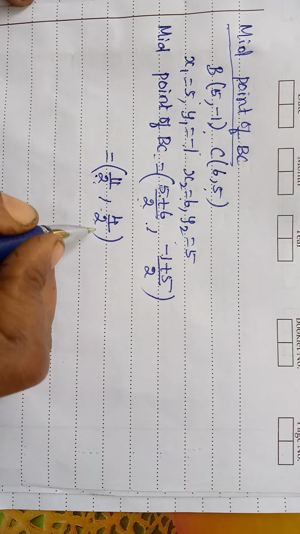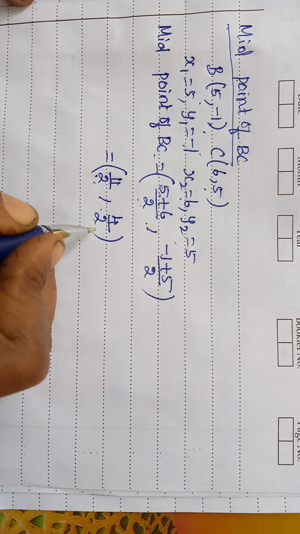Next, midpoint of DA, that is the S point we are going to find. Here D of (-7, 6), A of (-4, -2).